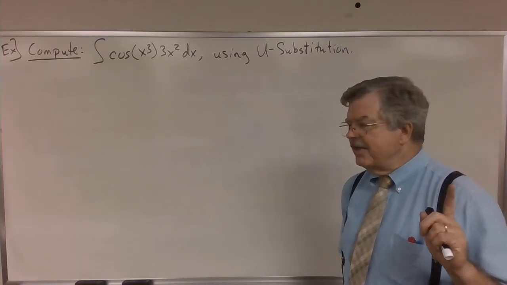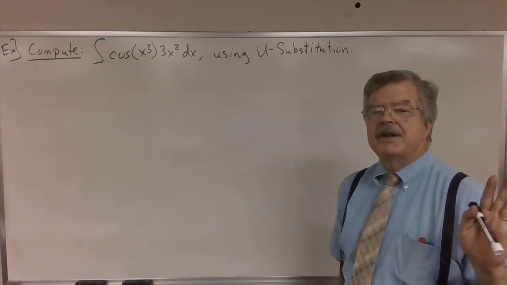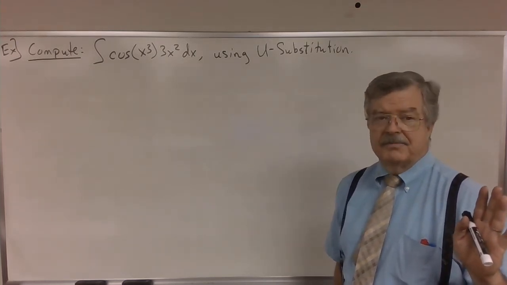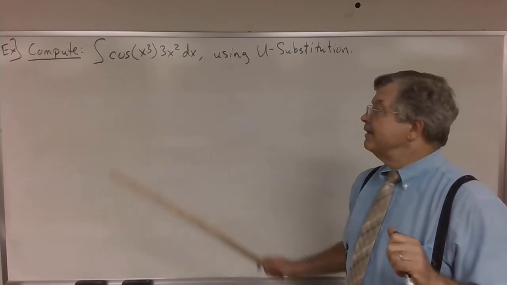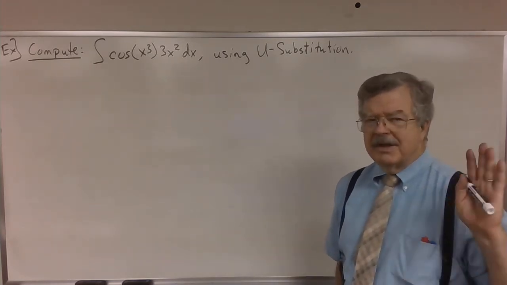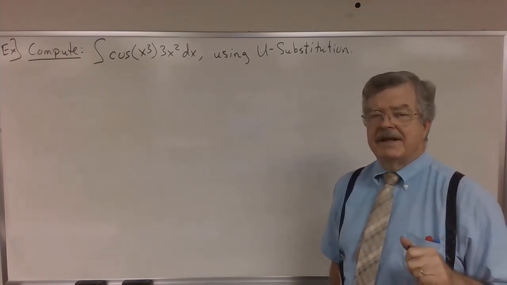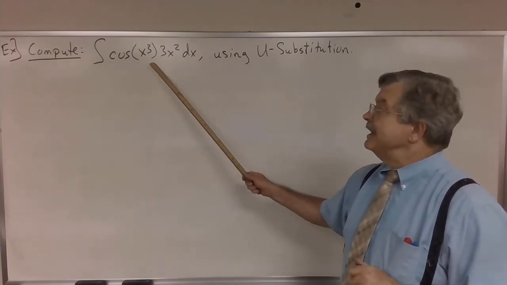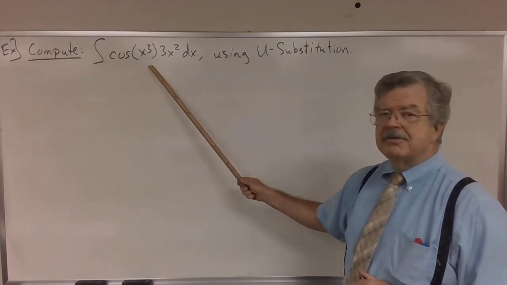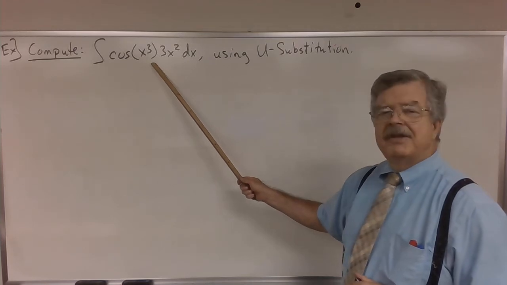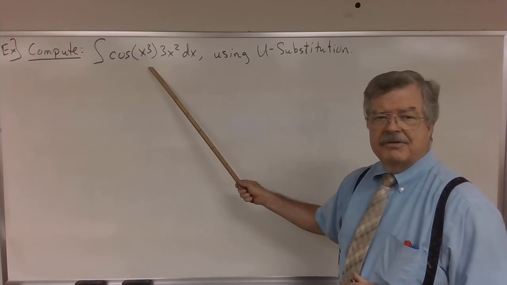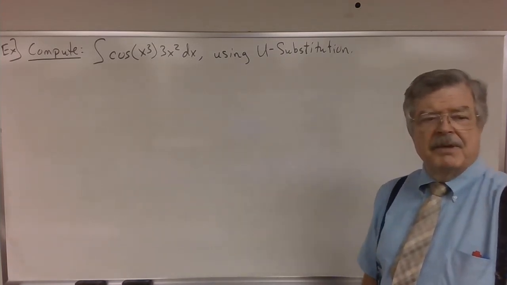U-substitution is that one thing that if we don't get it down pat and we go to Cal 2, we're going to get squashed. On the other hand, if we learn U-substitution well in this course, it will carry us a long, long way in Cal 2. This is an easy example. We can do this without U-substitution, but the purpose of this example is to teach us a method for using U-substitution. So bear with me.